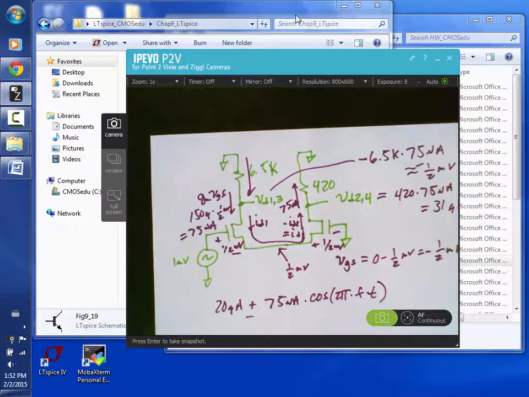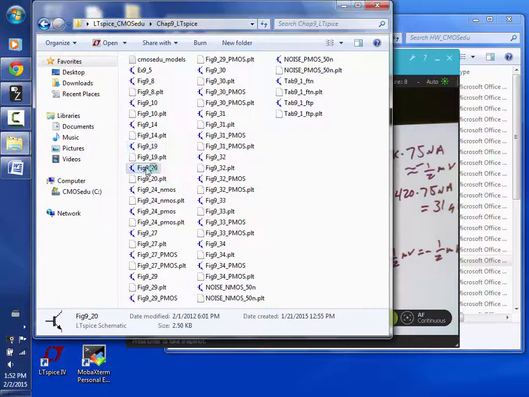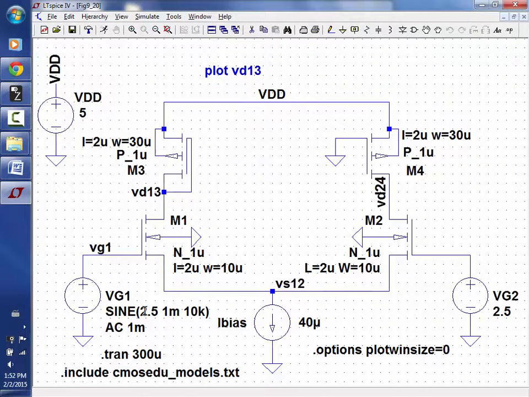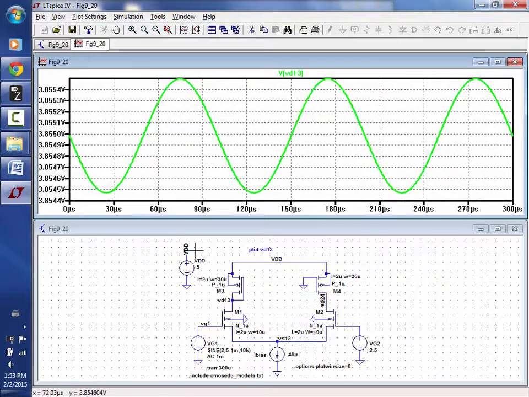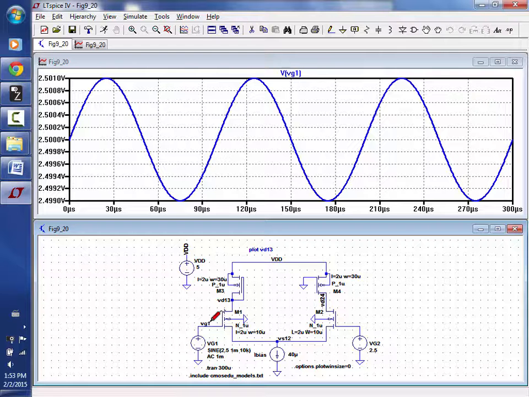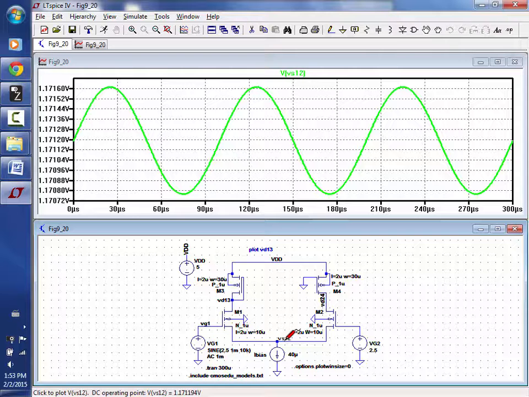Okay, so let's go back and look at the AC. This is the same thing except I put a sine wave in, 1 millivolt. And I run the sim, and let's look at my input. Does that look correct? DC's 2.5, magnitude's 1 millivolt. I go over here, and I see a DC of 1.17, and a magnitude, let's see, how can I figure out what the magnitude is?